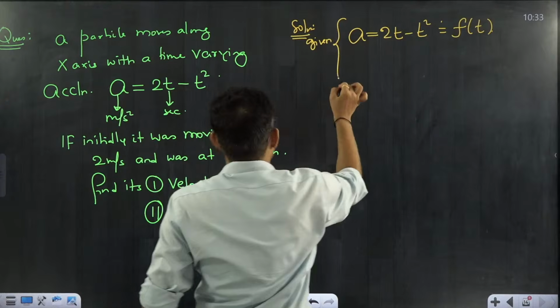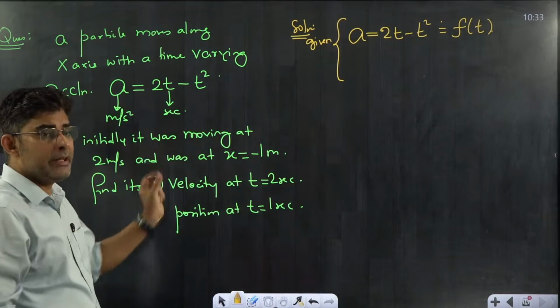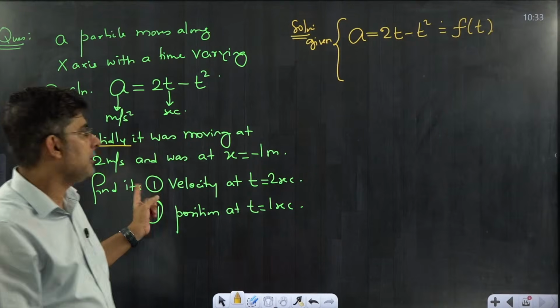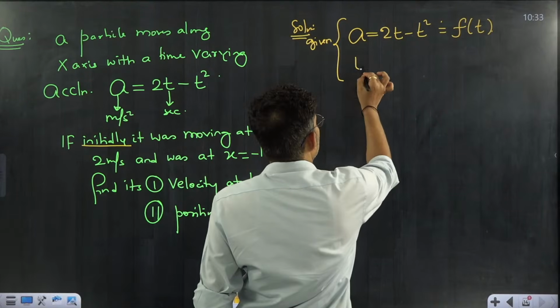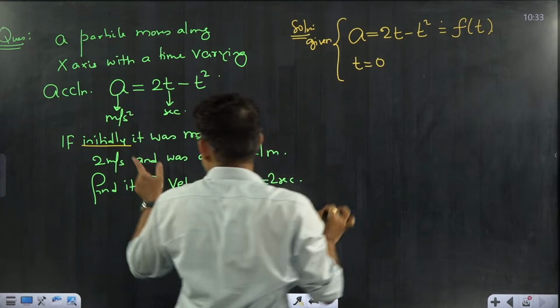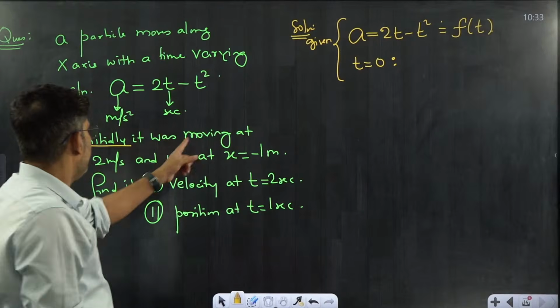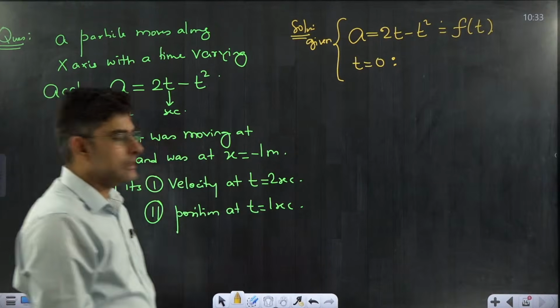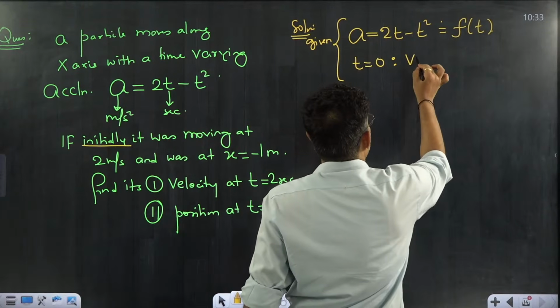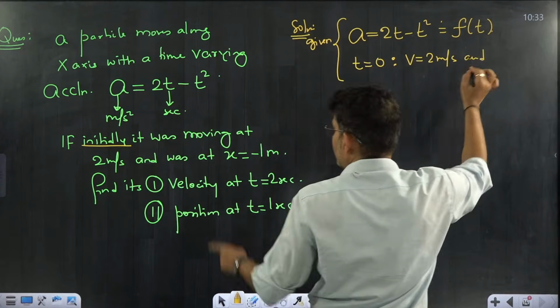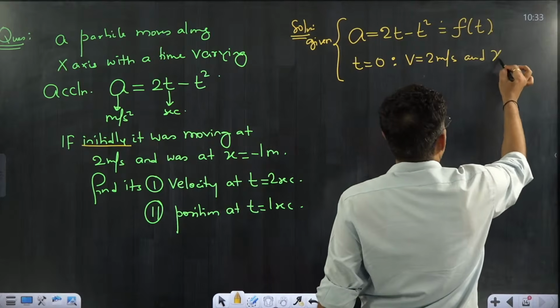These are the given parts. They have given initially. When the word initially is used, that means t equals 0. When t was 0, they have given the velocity: 2 meters per second, and the position x equals minus 1.